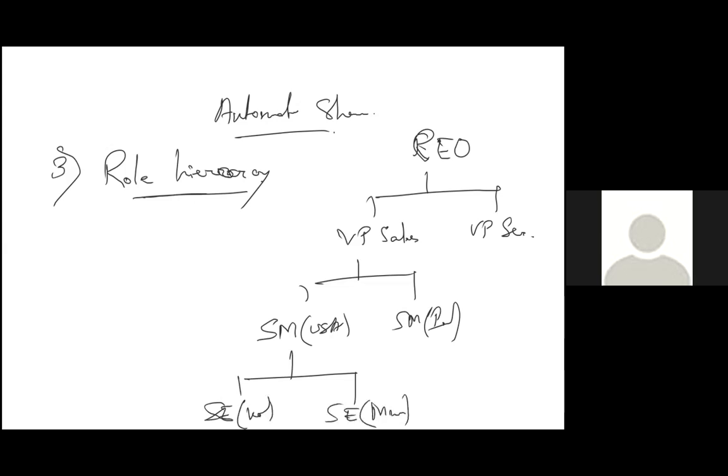Under the USA manager, sales executive New York, sales executive Los Angeles. This is how a role hierarchy will be set up in an organization.